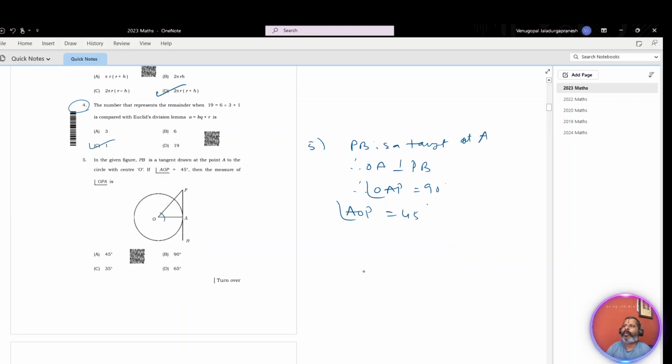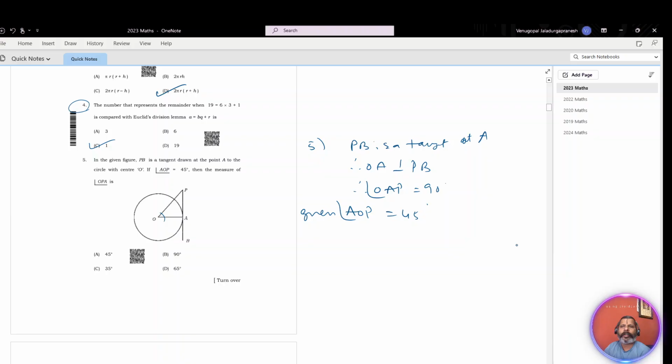What they asked is OPA. Since in the triangle OPA we know A and O is given, P we can find out, which comes to 180 minus the sum of these two angles, by the angle sum property theorem.